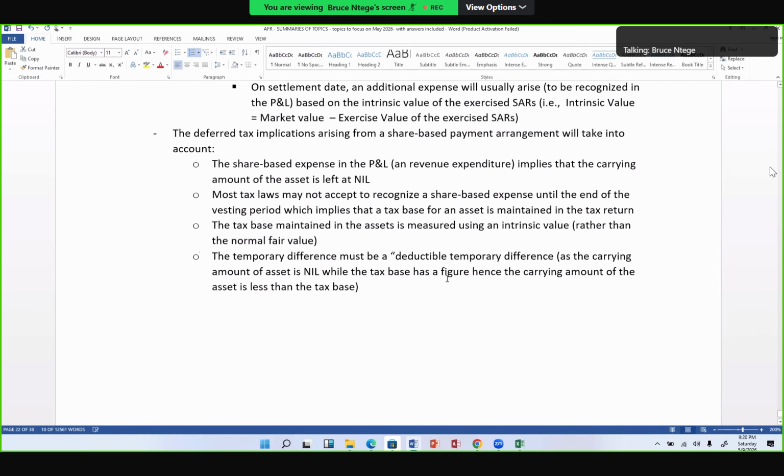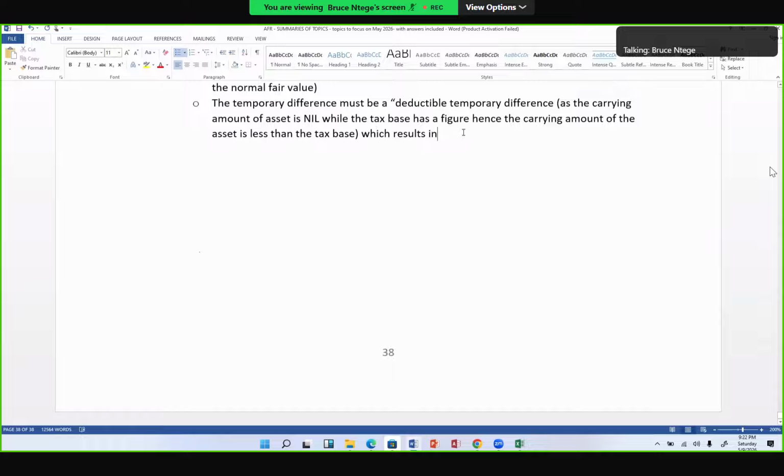That means the carrying amount is less than the tax base, so we have a deductible temporary difference, which results in a deferred tax asset.